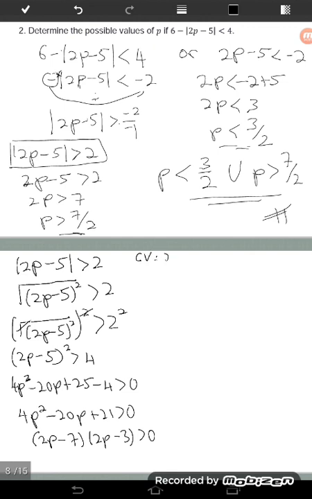So we have 2p minus 7 equal to 0, so p equal to 7 over 2, and 2p minus 3 equal to 0, so p equal to 3 over 2. Then you will have this interval.